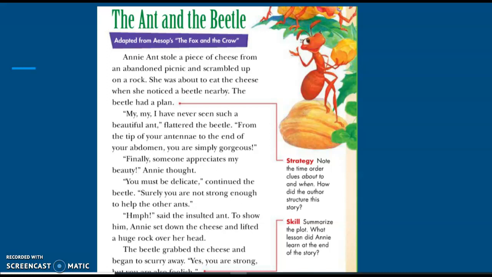In the middle of the story, the beetle tricks her, and at the end of the story, the beetle steals the cheese. So what do you think the lesson is, or what do you think the author wanted to teach with this story? I think that the ant learns that she should think before she acts. So I think the author is teaching us that you should think before you act.